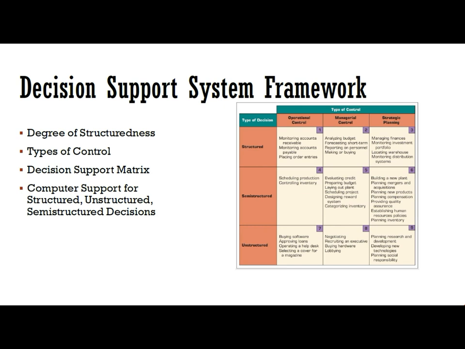Strategic planning, or top management, uses structured data to manage finances, monitor investments, and locate warehouses. For semi-structured data: building new plants, planning mergers, planning new products. And unstructured: planning research and development, developing new technologies. This is how each level of management uses the three types of decision support.